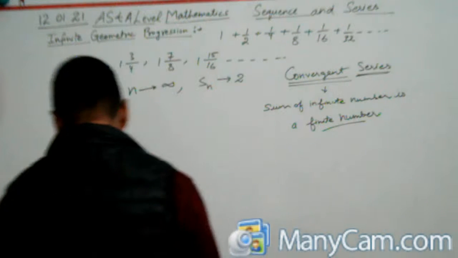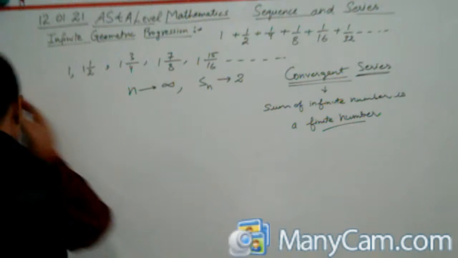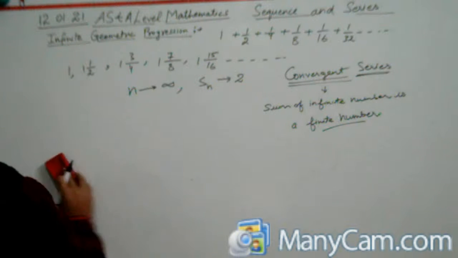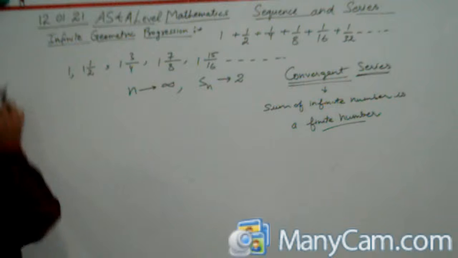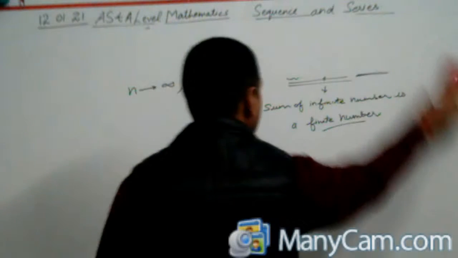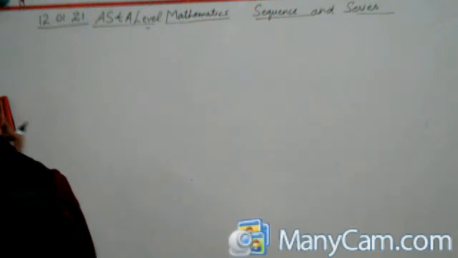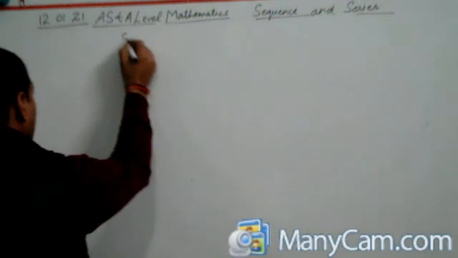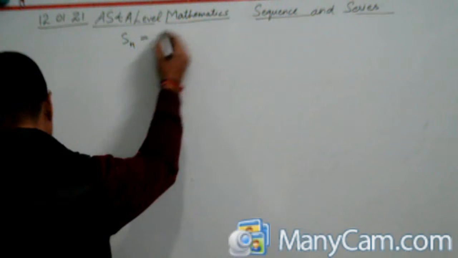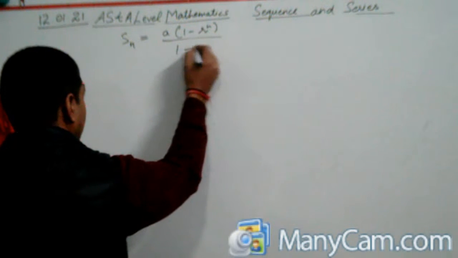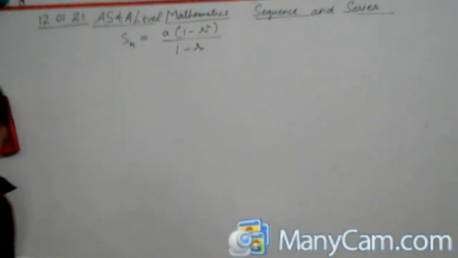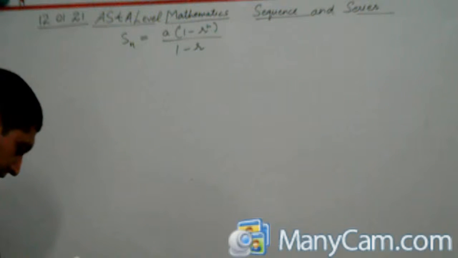Right? So here, if we use the sum of n terms, that is a into 1 minus r raised to power n divided by 1 minus r, we can find these sequences.